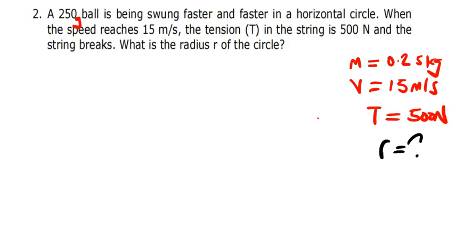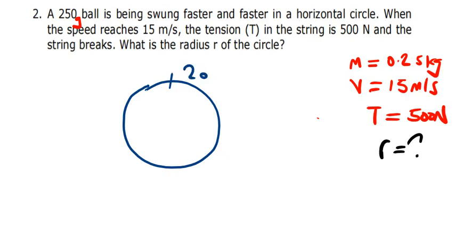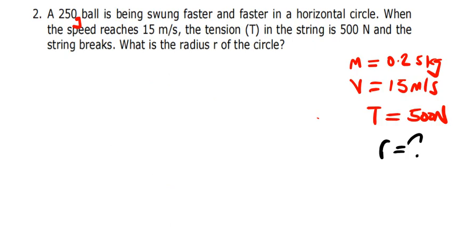What you should understand is that for uniform circular motion, if it's just moving uniformly, it is not changing speed. Let's say at this point the speed is 20, and at this point it is 20. At every point it's just moving uniformly, maintaining the same speed. The tension therefore will provide what we call the centripetal force as it is moving around the circle.